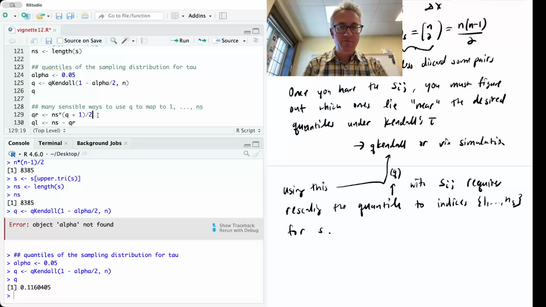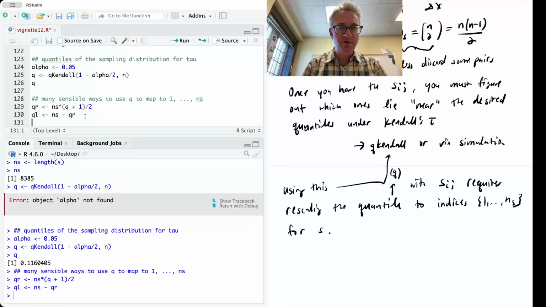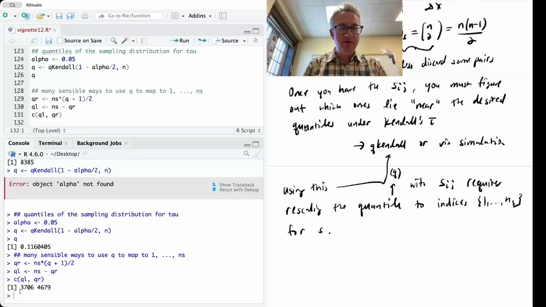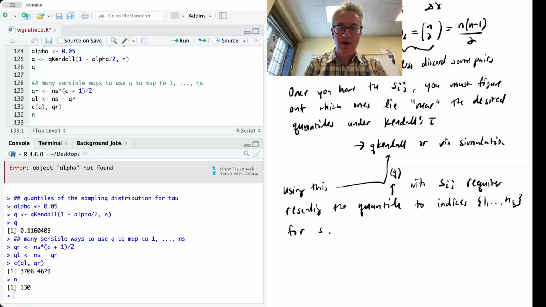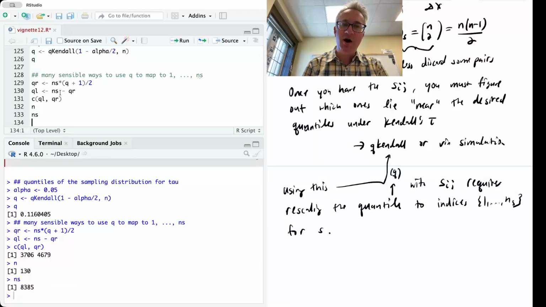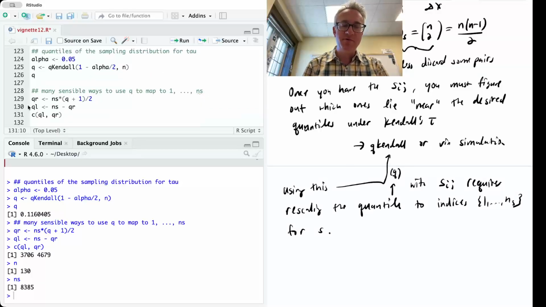But this is going to give me fractions, so if I show you what that looks like, QL and QR. So that's indices 3,706 and 4,679. This time it does work out to not be a fraction, I think because the number of them, NS, is odd, so adding 1 and dividing by 2 results in even numbers.